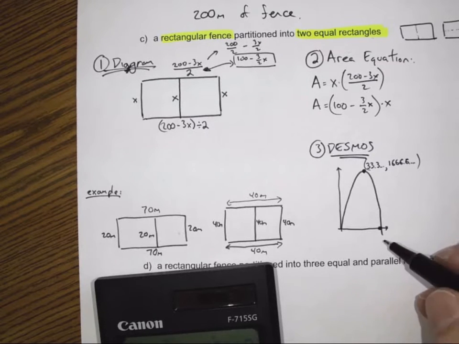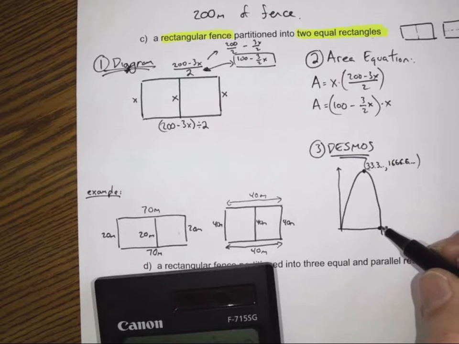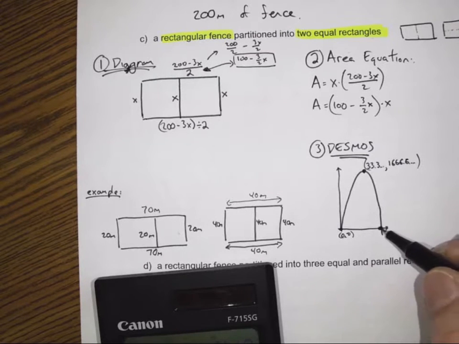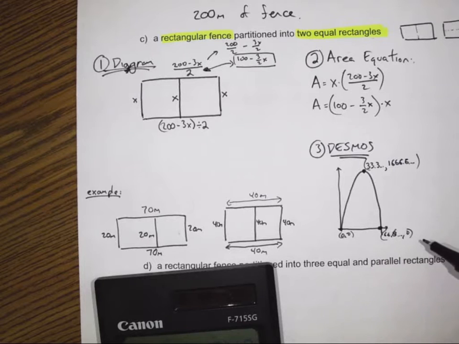I think it's interesting to also note the x-intercepts, which are 0, 0, and 66.6, 0. Great.